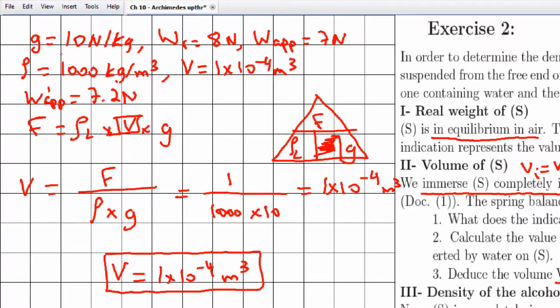So what's the difference between this apparent weight and this apparent weight? This apparent weight is due to water, and this apparent weight is due to alcohol.